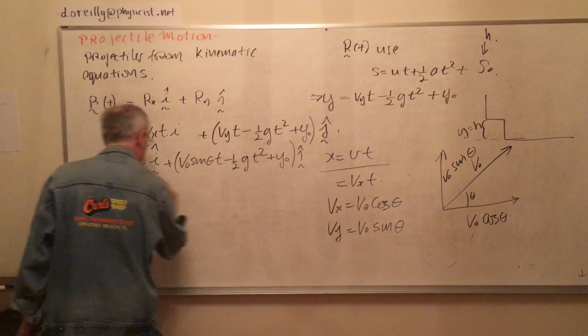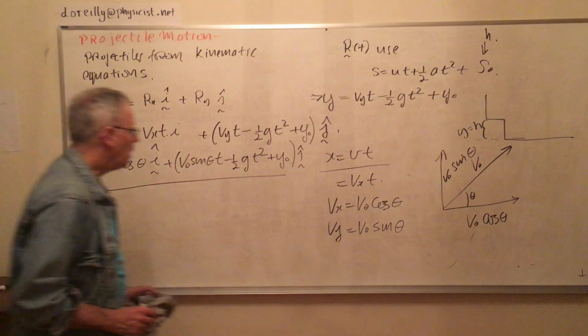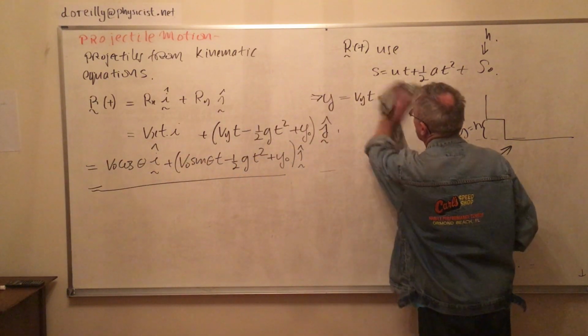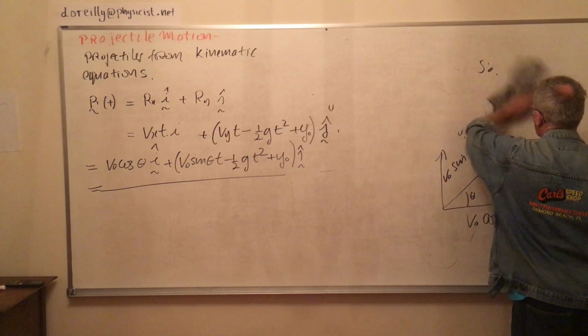And there we have the position, or the position vector of a projectile as a vector in both the x and the y direction. In other words, its exact position.